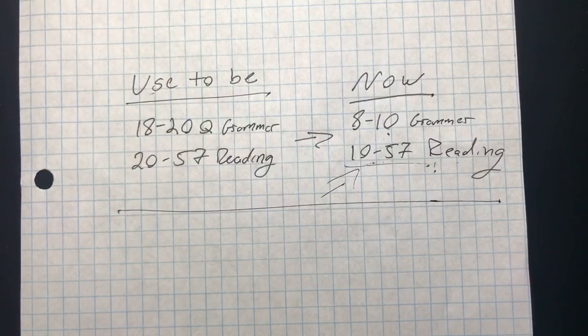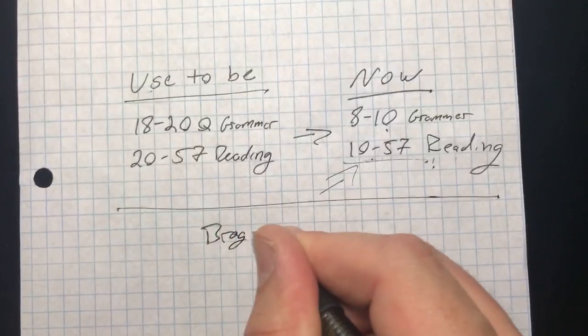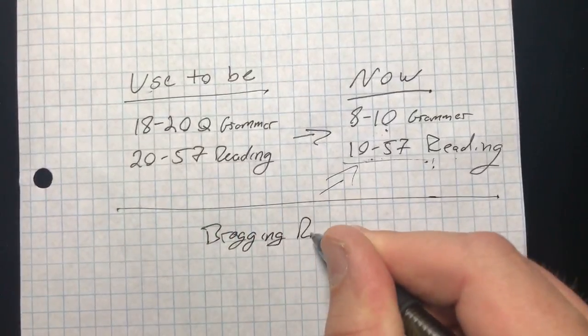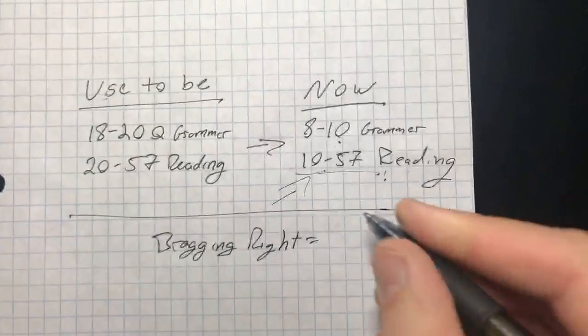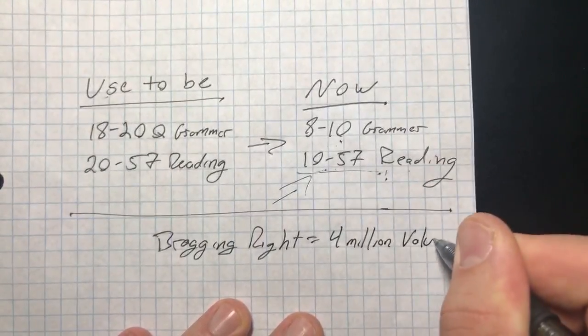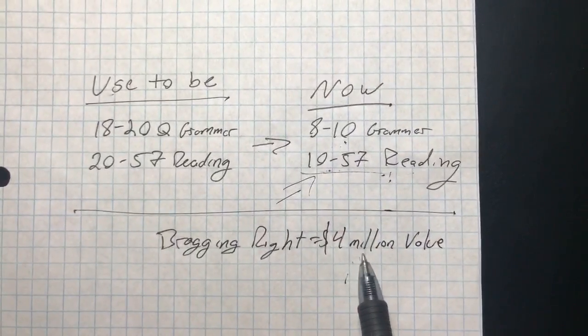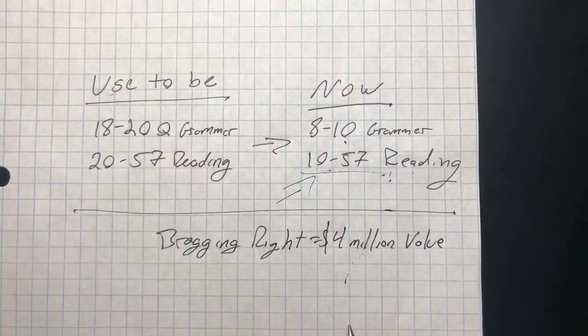Yeah, exactly. You're gonna get those sweet, sweet bragging rights. And the bragging rights themselves, that is a $4 million value. Just the bragging rights itself are a $4 million value for that t-shirt. Do you hate reading passages?